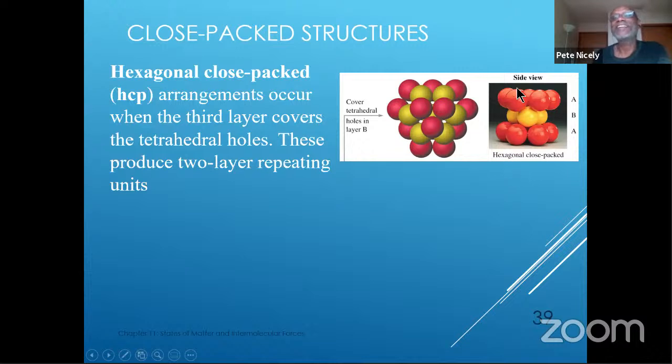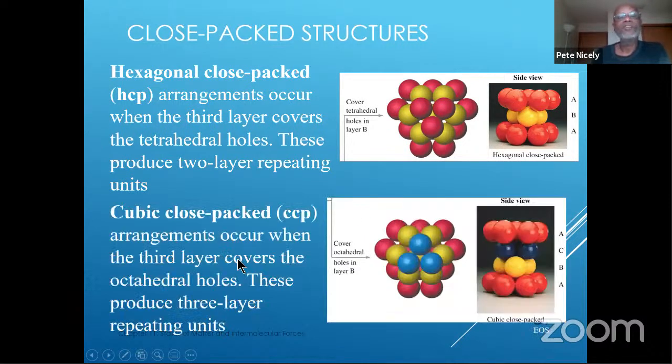You'll notice that as you go from one layer to the next, you have a repeat situation for every 2 layers. So if you label the first layer A, the second layer is labeled B, then the next layer is labeled A because it has the same arrangement as the first layer. And that is what continues as you go down. If you're looking at this HCP arrangement, it's going to be an AB sequence, all right?